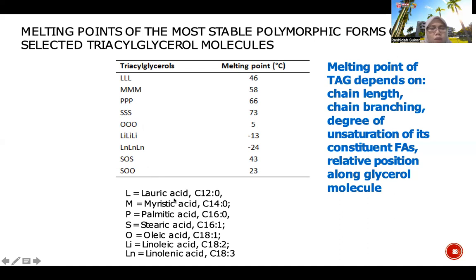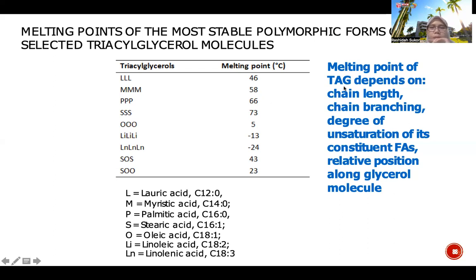So L is lauric acid 12:0, M is myristic acid 14:0, look here. P is palmitic acid, S is stearic acid, Ln is linolenic acid. So you can actually see if the TG is all LLL, the melting point will be about 46. If it is MMM, it will be higher. Just now we saw that the higher the number of carbons in the chain, the higher the melting point will be.